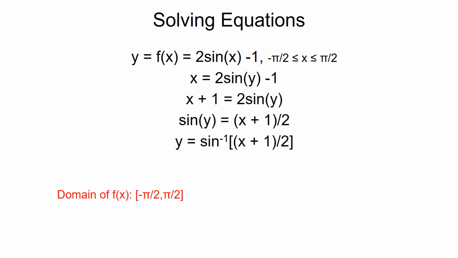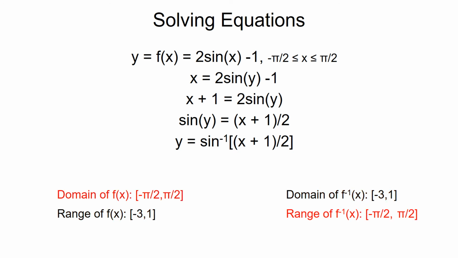We know that the domain of the original function f of x is between minus pi over 2 and pi over 2, and its range is minus 3 to 1. This means that the domain of the inverse function is minus 3 to 1, and the range is minus pi over 2 to pi over 2.